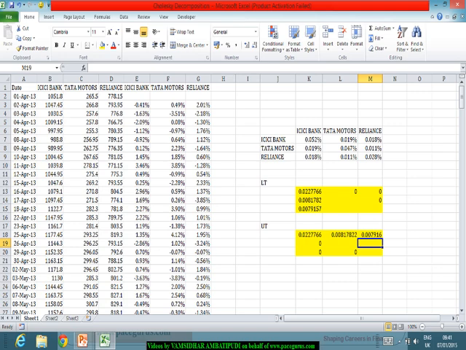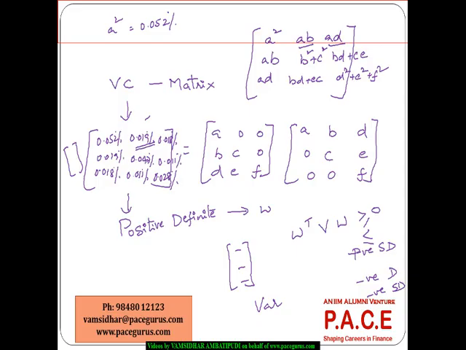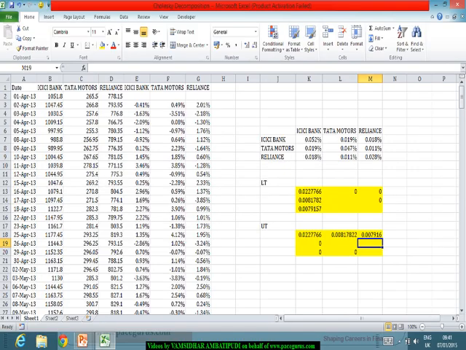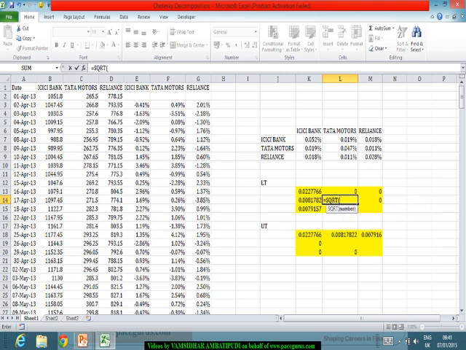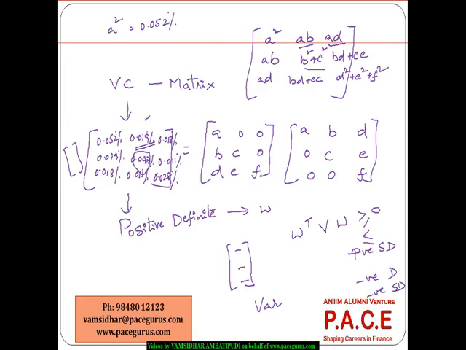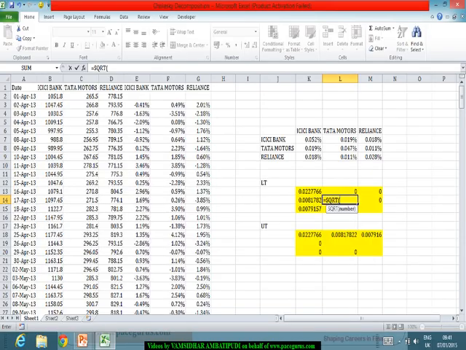And a few more things are coming out here. AB is done. Now B squared plus C squared. B is already known. So C squared will be this number minus B squared, and the square root of that is going to give me this. So I'll take the square root of this number, which is B squared plus C squared.